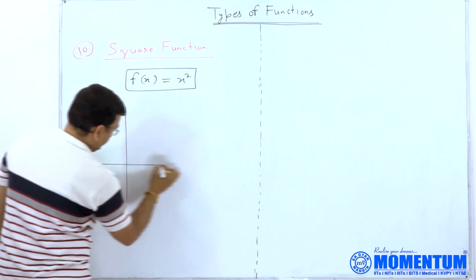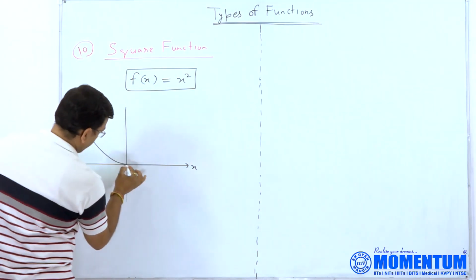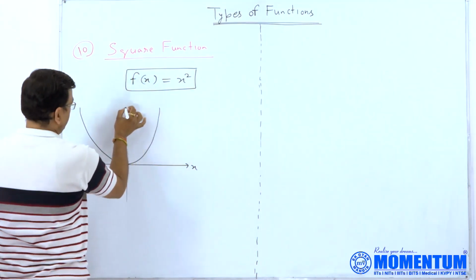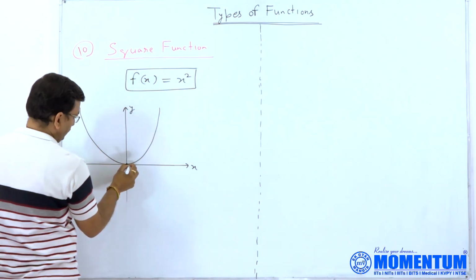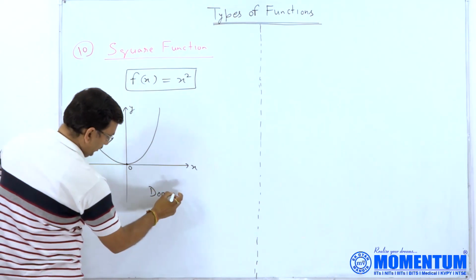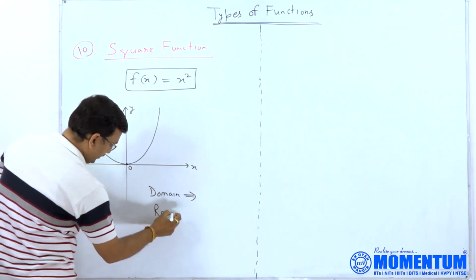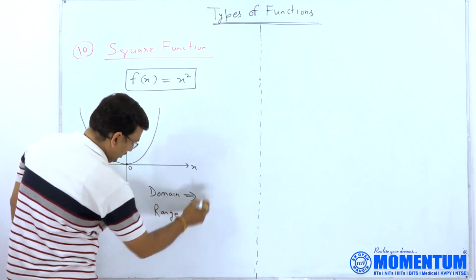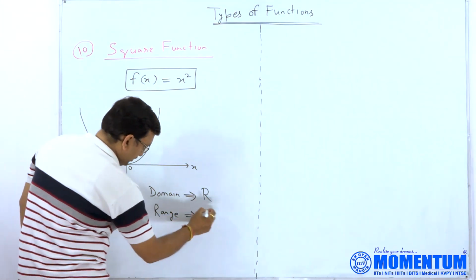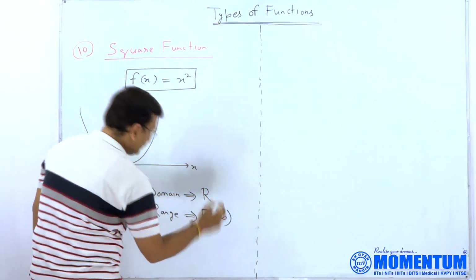Graph of it. Now, from the graph, clearly you can get domain as well as range. So, what is domain? All the real numbers. What is range? 0 to infinity including 0. Fine.